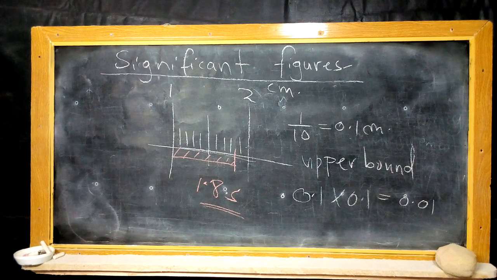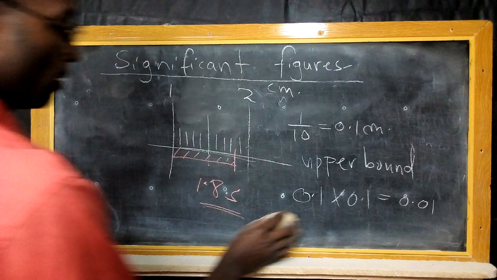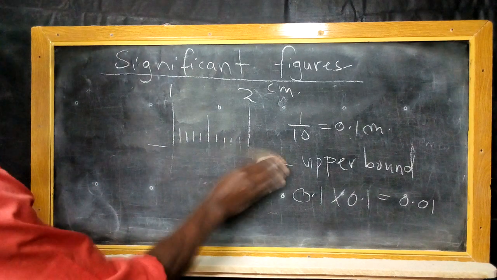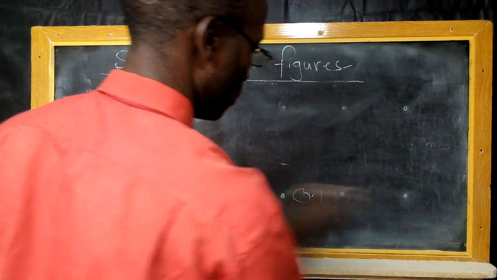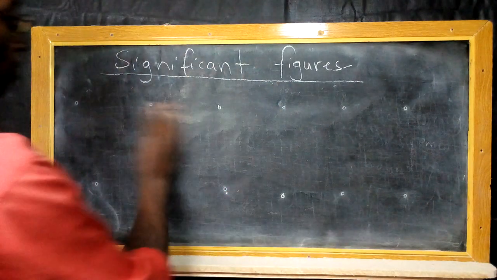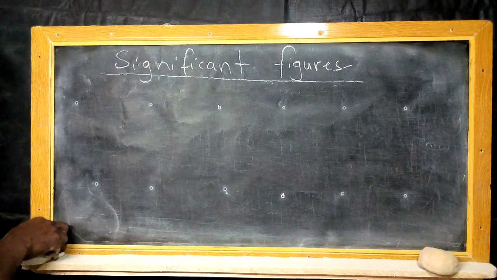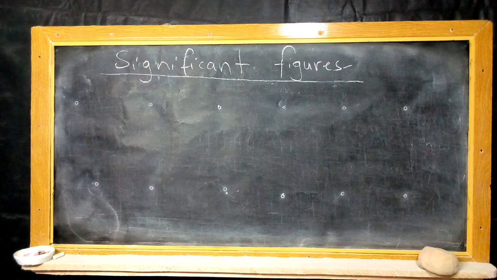That's why the concept of significant figures came about, in that there are some figures which bear some relevance in a reading, and others might have very small or no relevance, or a very small impact in that reading. So let's look at the concept of significant figures and try to see what they are.